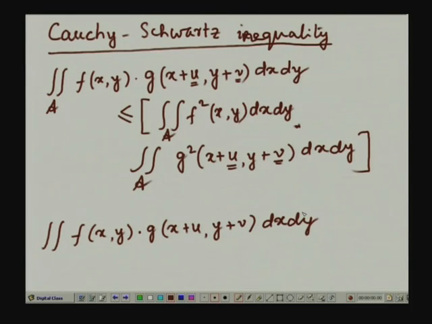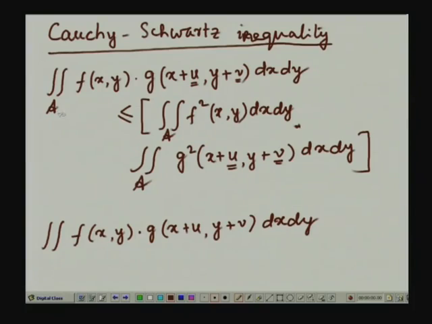And as I said, because f x y is 0 outside the region A, this definite integral over A can now be replaced by an integral from minus infinity to infinity.